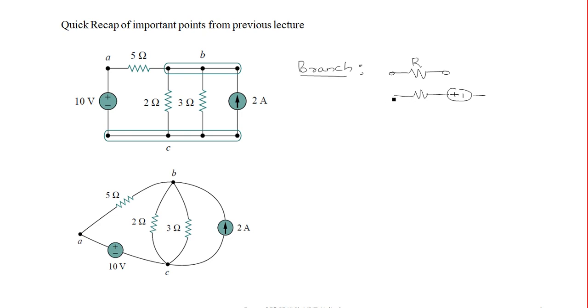This can also be considered as a single branch, or two branches, branch 1 and branch 2. If you consider them together, you can call it a single branch also, until and unless they are separated. If some other element is there, then we cannot consider them as a single branch.